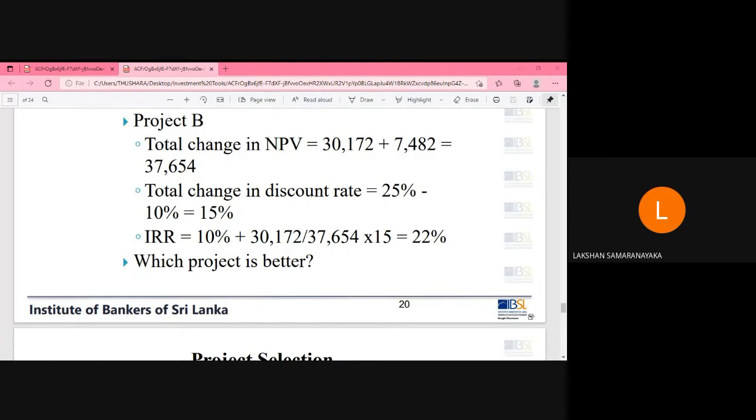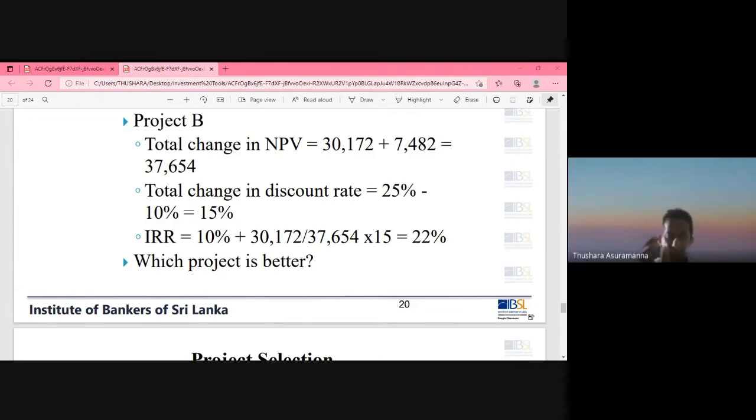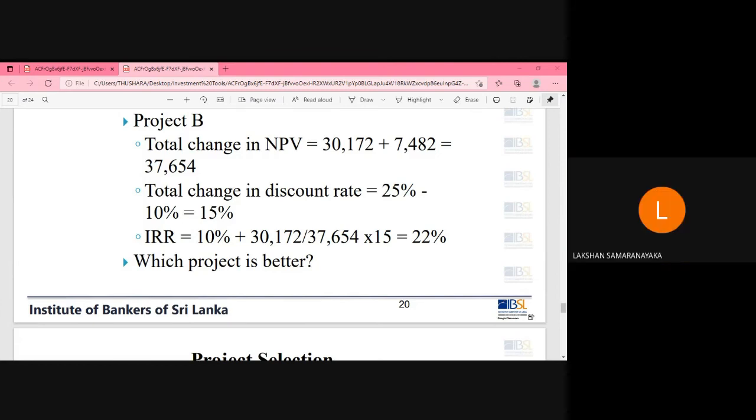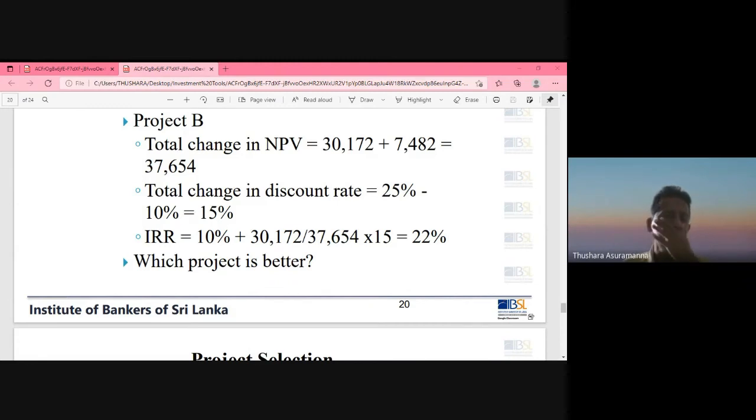Okay. I just do the 0.1 plus 30,172 divided by the whole thing. No. It's 30,172 divided by 37,654. The total answer you multiply with 15%, or 0.15. Okay, sir, I got it all wrong. Otherwise, you can multiply 30,172 into 0.15, and divide that by 37,654.